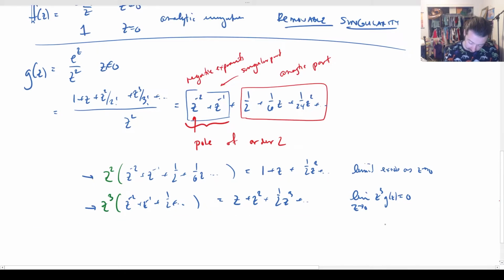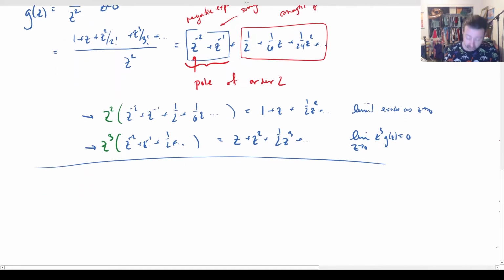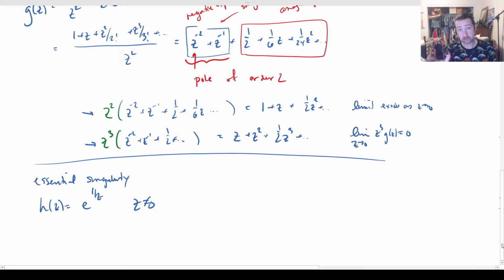The third type of singularity we have to deal with is called an essential singularity. These are harder to untangle and harder to understand. For an essential singularity, we can look at the function h of z equals e to the 1 over z. As before, assume that z is not equal to 0. This time we're going to use composition to feed the 1 over z into the exponential function.